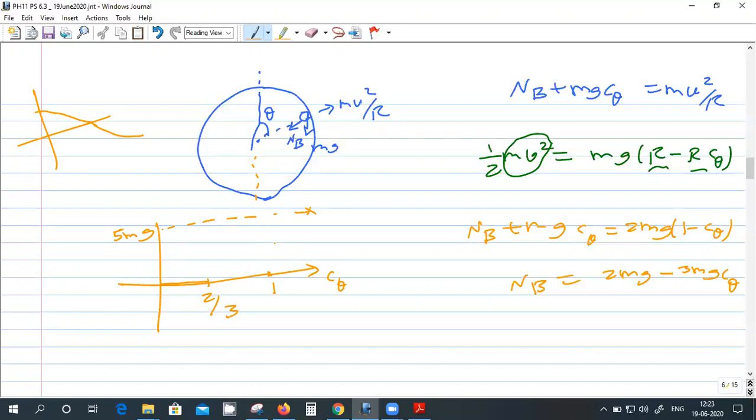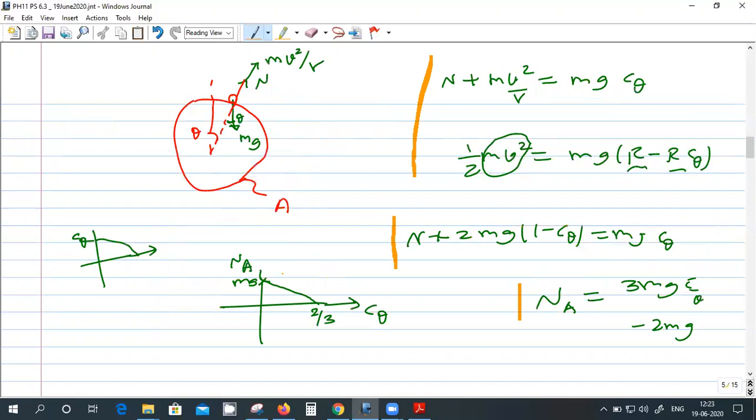I think I made a mistake here. Originally the value of cos theta is 1, right? So 1 is somewhere here. That time the value is mg, after that becoming 0. So this is not the plot. This is the plot. So it's going this way as theta is increasing, cos theta is decreasing. So the plot is going this way.